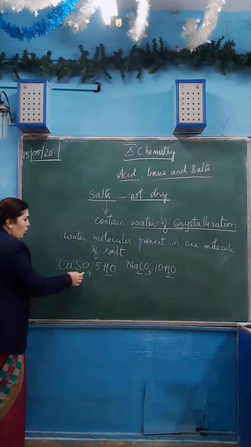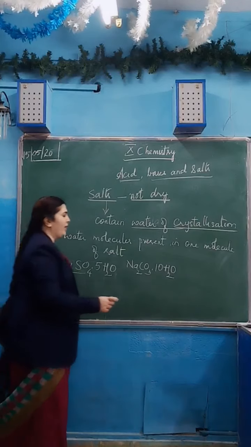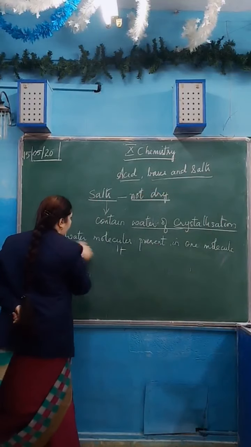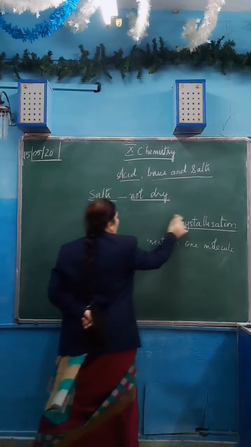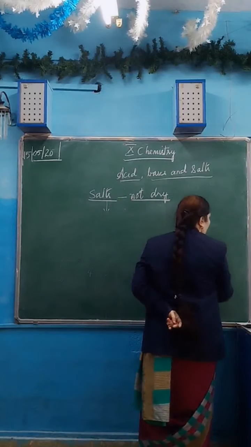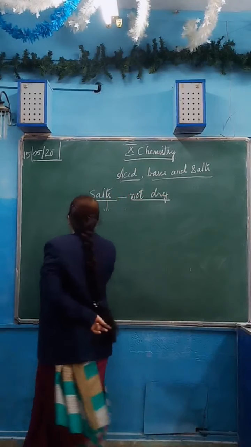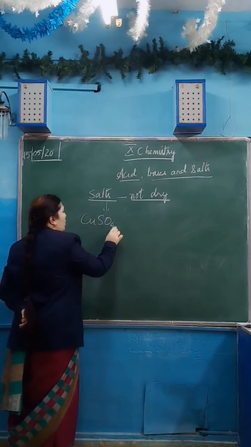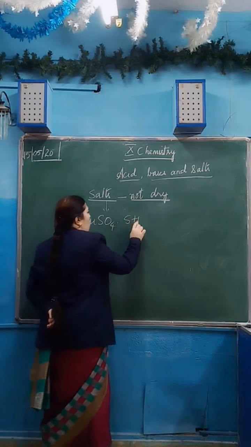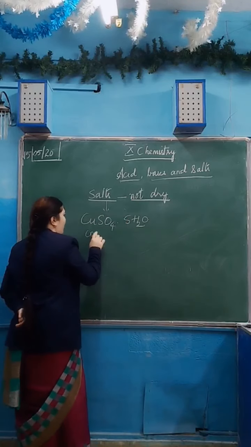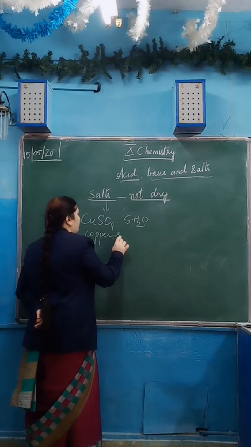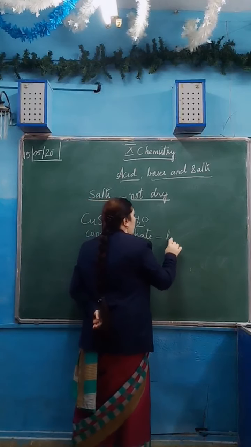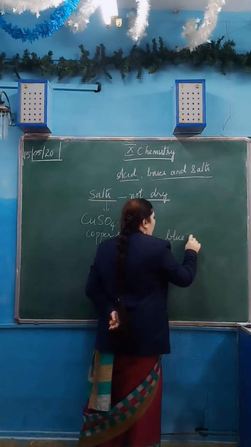For example, copper sulfate salt is blue in color. This we can see very nicely in copper sulfate, CuSO4.5H2O.